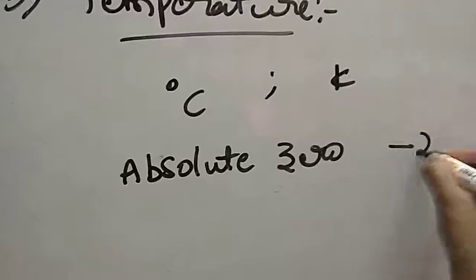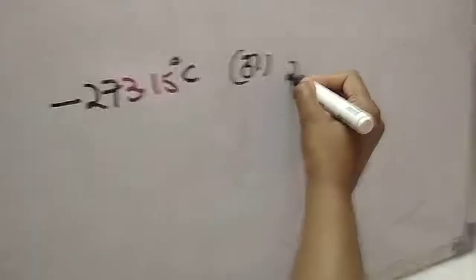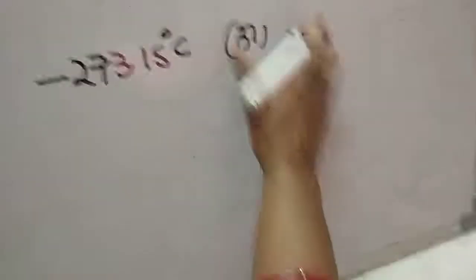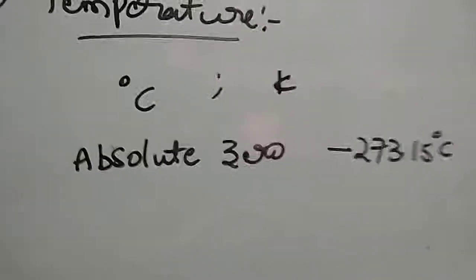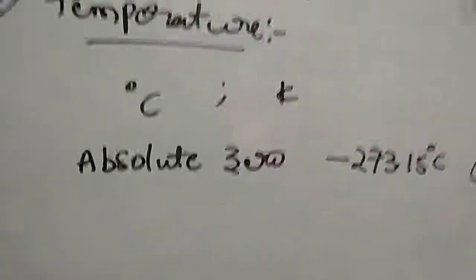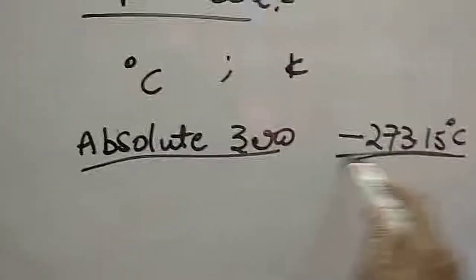is minus 273.15 degrees Celsius, or minus 273 degrees Celsius. The temperature of a gas in the absolute scale or Kelvin scale is given by whatever we have taken as the absolute zero. This is in the Celsius scale.